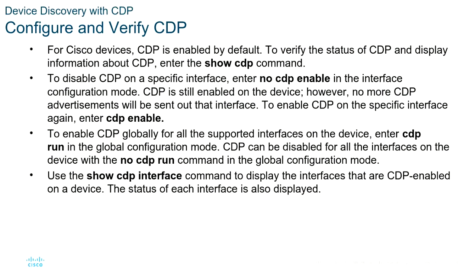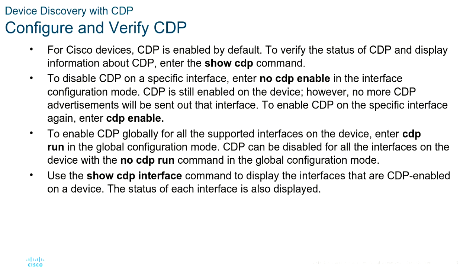So let's say it was a G0/0 interface on the router that went to AT&T or Verizon, whoever my service provider was that was giving me connection to the internet. I could say no CDP enable on that one individual interface and still leave CDP running on all the other ports so that my telephones would work properly. So CDP run by default is on.